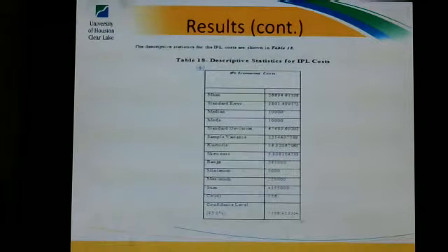But there is a wide standard deviation in the statistics for the IPL cost, which was at $47,480, which is very high. And as you can see, the variance is very high also for the IPL costs.